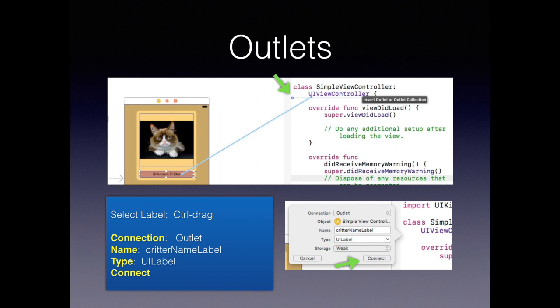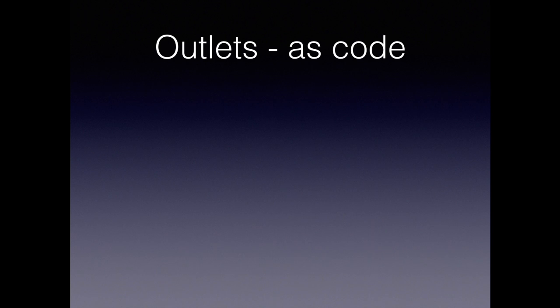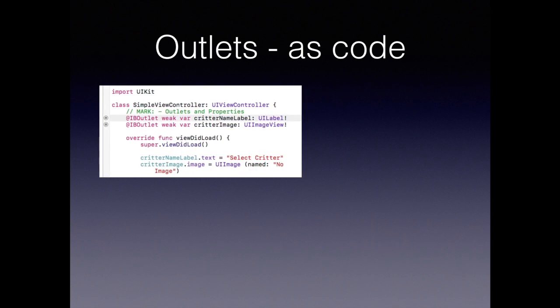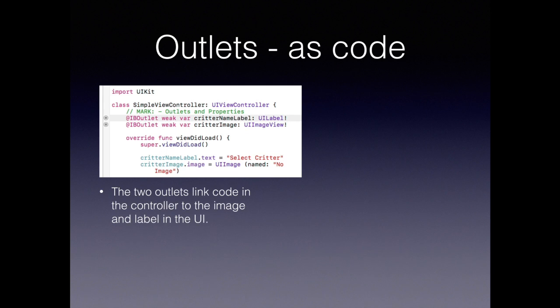When we're done, we press the connect button, and that will create what's called an IBOutlet for a variable whose name is critterNameLabel, and it's of type UILabel. We can do the same thing for the UIImageView, and when we do that, we'll have two outlets that link the code in the controller to the image and label in the UI.